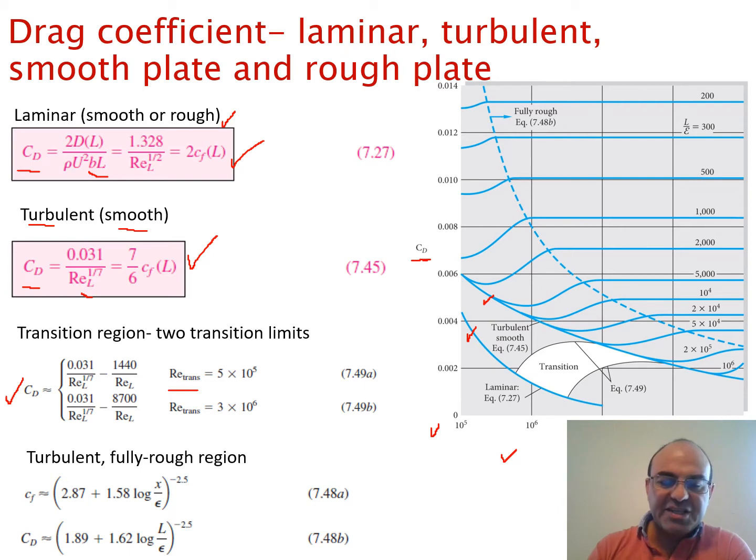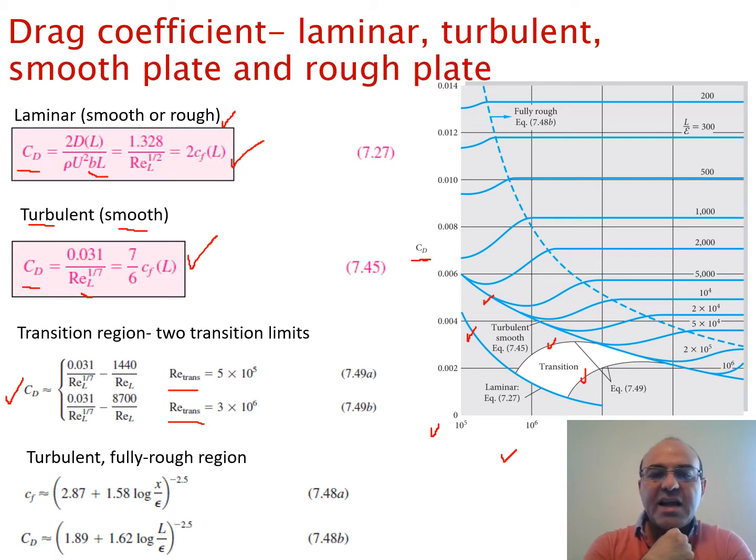And if transition is taken a little bit larger, 3 times 10 to the 6 for instance, then CD is obtained using the other equation here, 749b. These two equations are shown here on the diagram for the transition region.